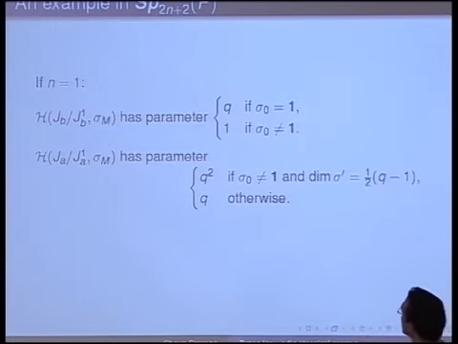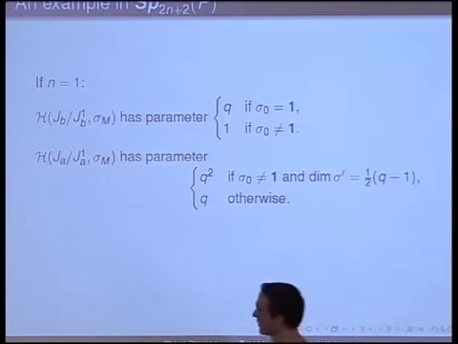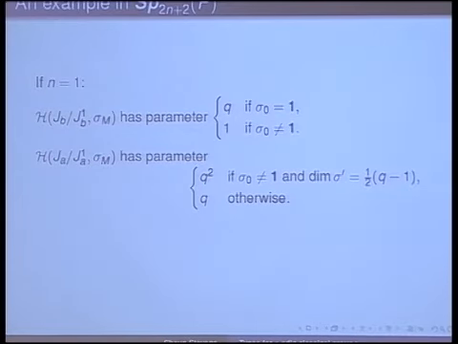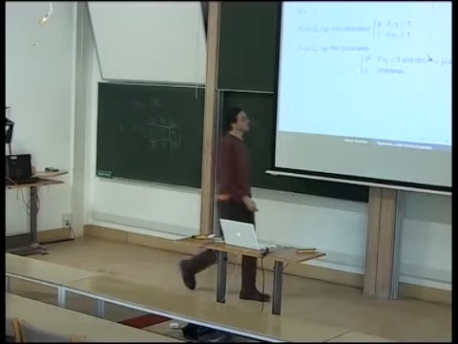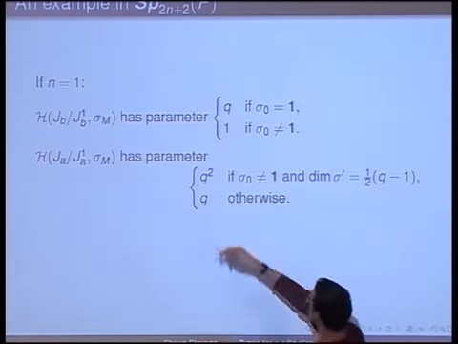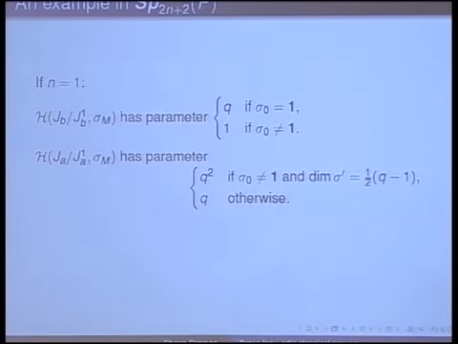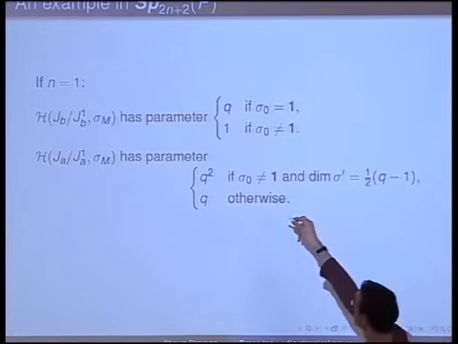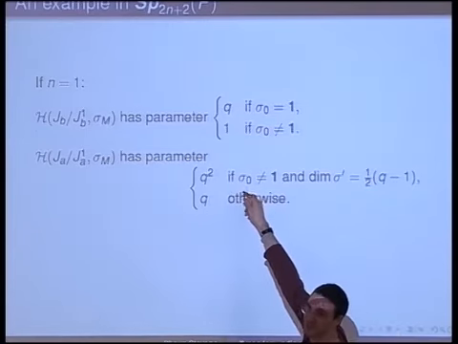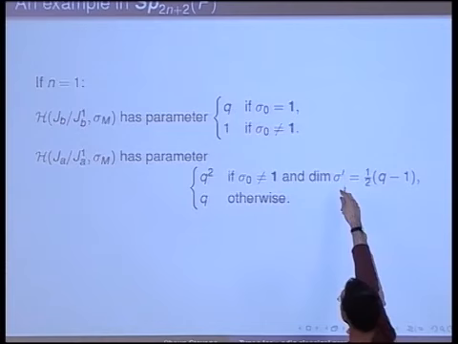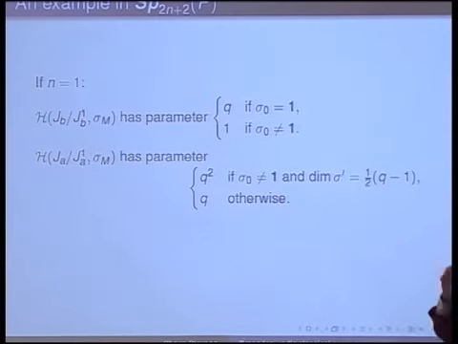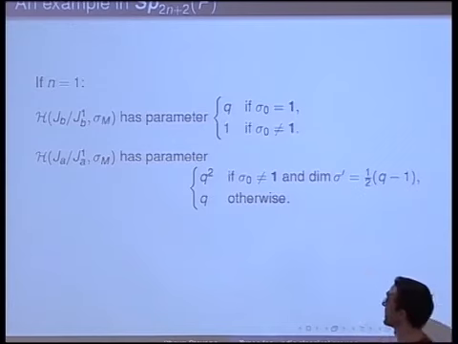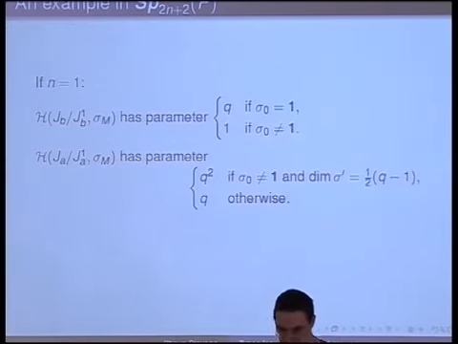Okay, and on the other side, the side of SP4, you either get q squared or q. So you get q squared precisely when you have the quadratic character in GL2, and for SL2, you get one of these exceptional cuspidals which have half the dimension of the usual cuspidal. And that's exactly the time that you get this.